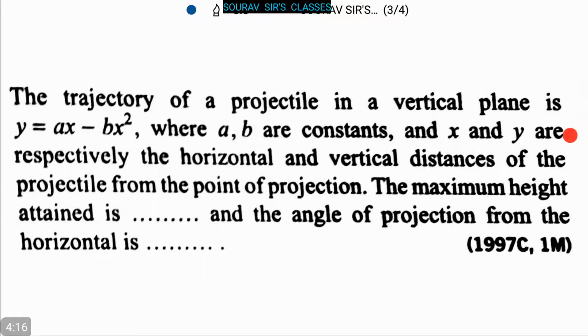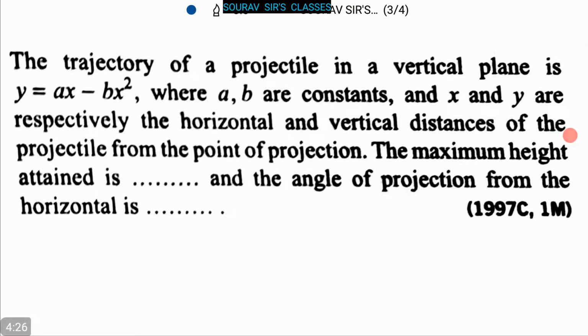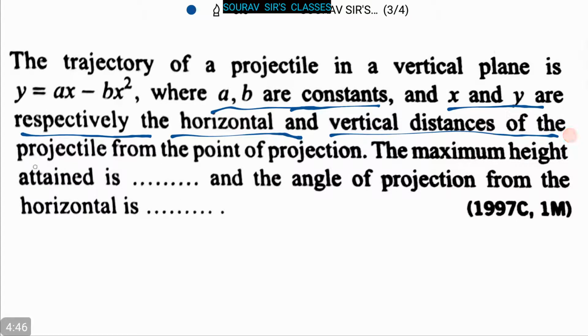Now here's our next question, and it's a bit tough and very interesting. I swear you guys will have fun while doing this. The question is: the trajectory of a projectile in a vertical plane is y equals ax minus bx square, where a and b are constants, and x and y are respectively the horizontal and vertical distance of the projectile from the point of projection.